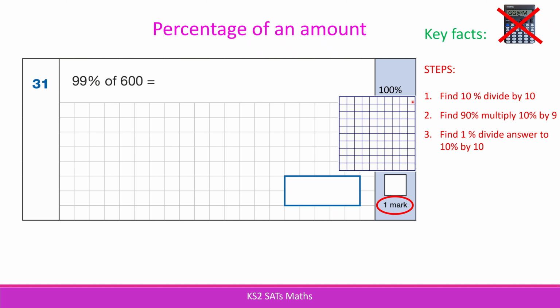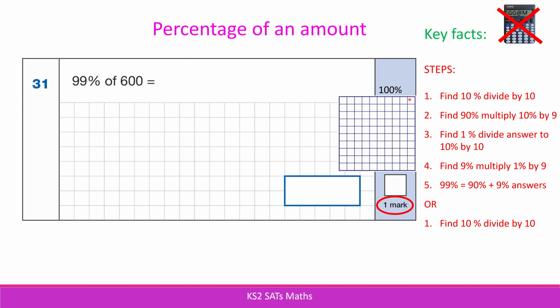Once you've got one of these squares, then you're going to multiply by 9 because that will give you 9%. And then to find 99%, you're going to add 90% plus 9% to work out how much 99% is. Or you could have found 1% and then multiplied your whole number by 99. There are different ways of doing it and it will always give you the same answer.